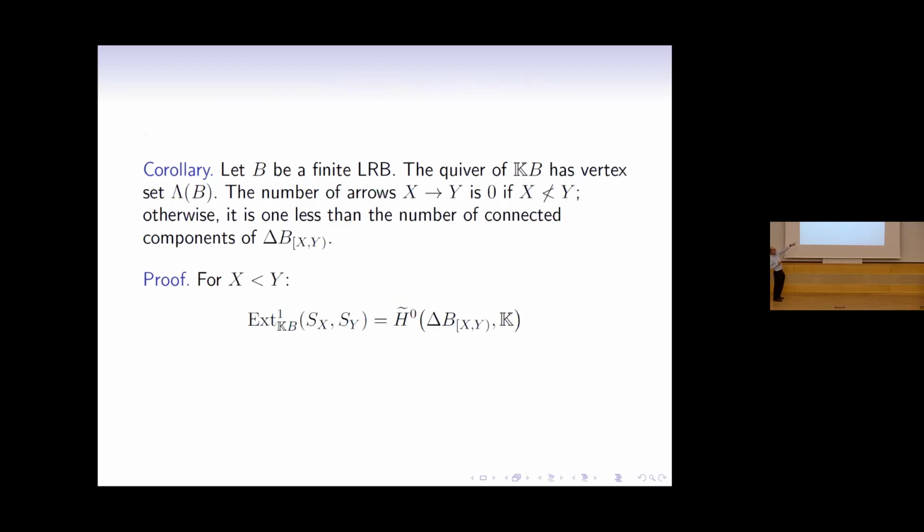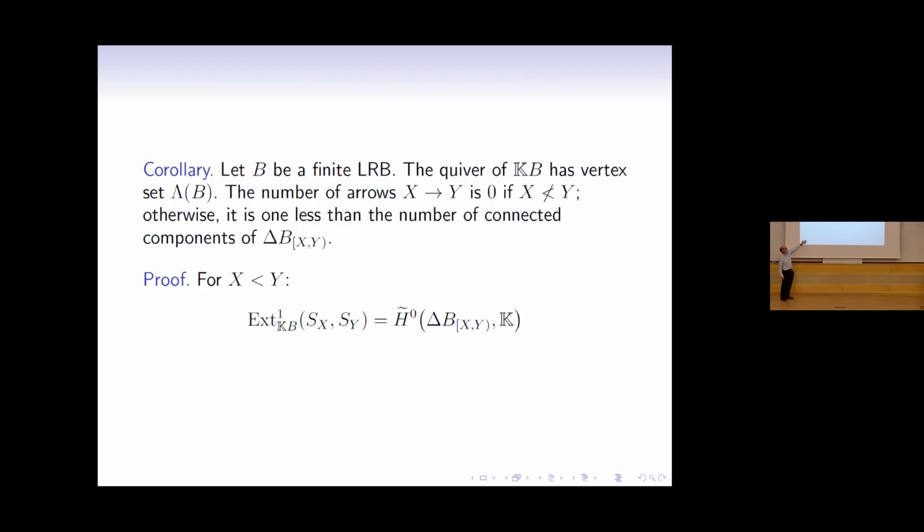But the first Ext space is the reduced zero homology of this poset. Well, what's the zero homology of a simplicial complex? Just counting connected components. So you get this wonderful way to compute the dimension of this Ext^1.